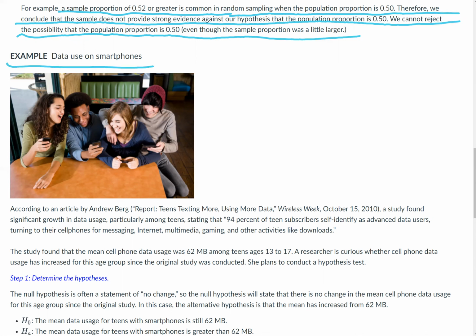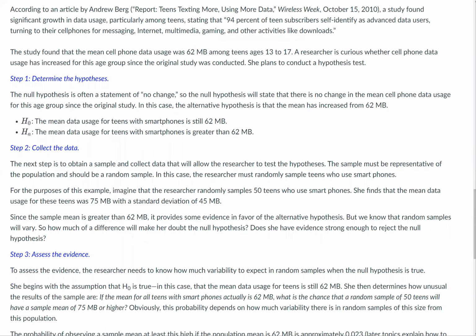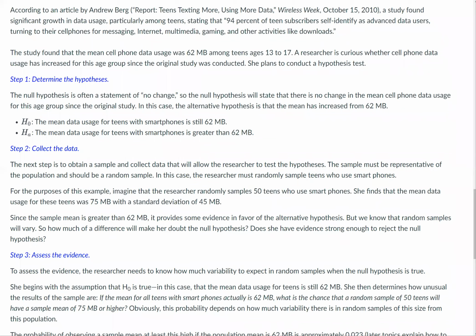So let's look at a specific example about data usage on smartphones. According to an article by Andrew Berg, a study found significant growth in data usage, particularly among teens, stating that 94% of teen subscribers self-identify as advanced data users, turning to their cell phones for messaging, internet, multimedia, gaming, and other activities like downloads.